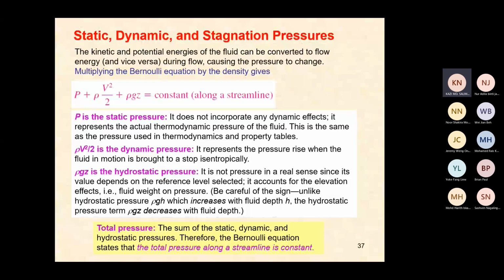And now the Bernoulli's equation states that the total pressure along the streamline remains constant. So for points 1 and 2, we can say that P1 plus rho V1 squared by 2 plus rho gZ1 is equal to P2 plus rho V2 squared by 2 plus rho gZ2.